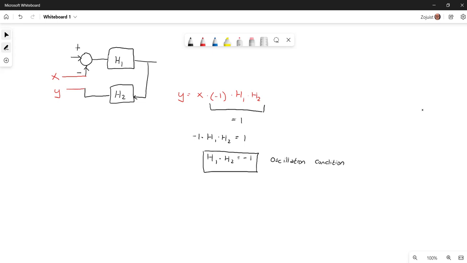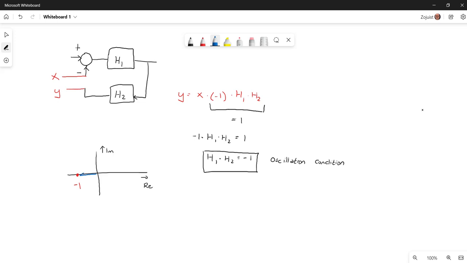Well, we can rewrite that oscillation condition in another way, because H1 and H2 are in the frequency domain, so they are complex numbers. In the complex plane, remember, we have a y-axis and an x-axis, and the x-axis is the real axis and the y-axis is the imaginary axis. The point -1 is a point on the negative real axis. Now we can define a vector towards that point -1.